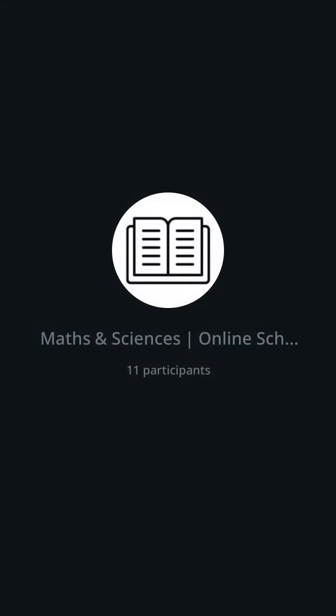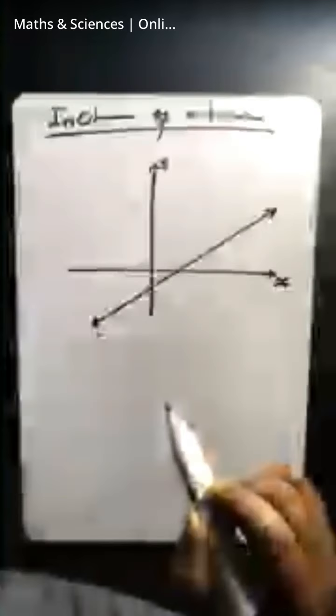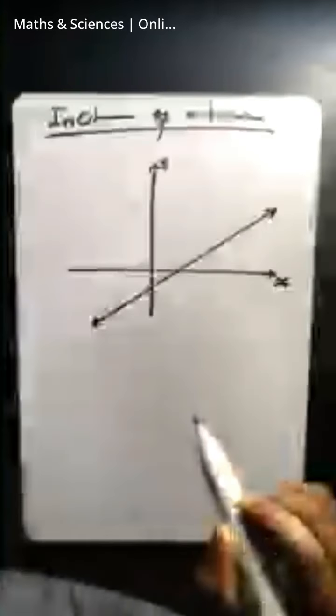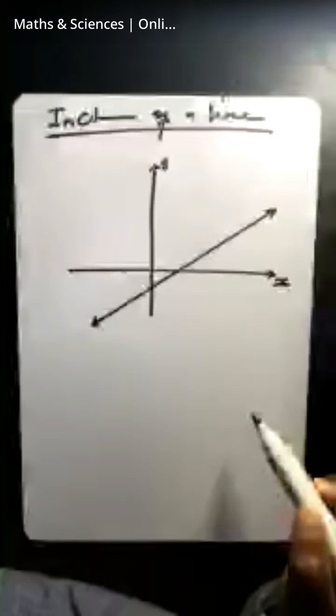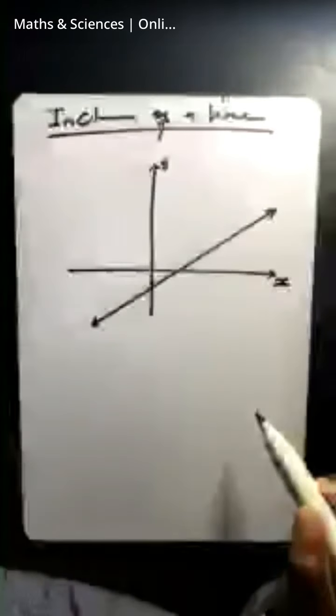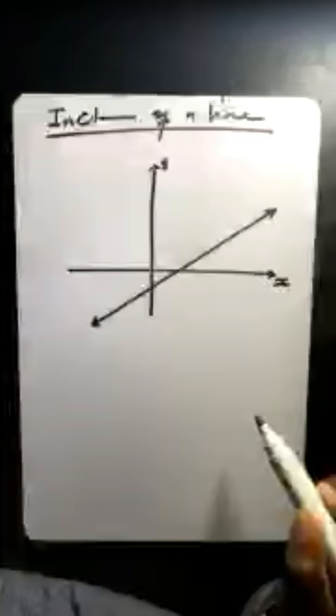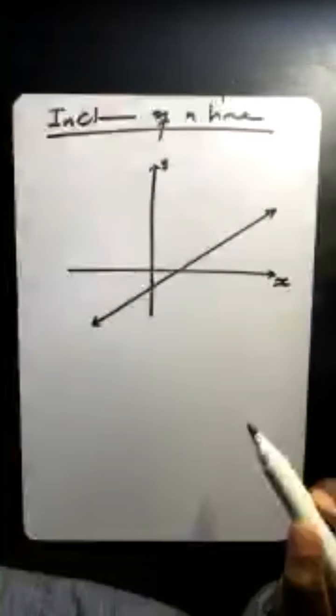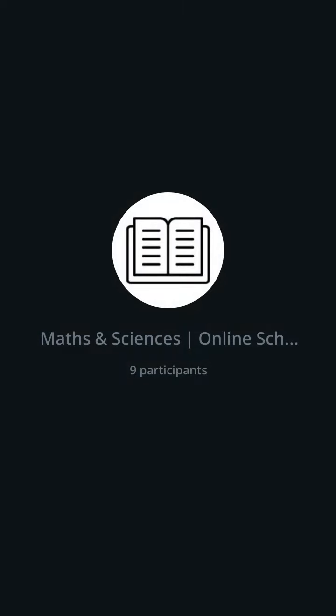So when we talk about the inclination of a line, listen very carefully: the angle formed with the horizontal in an anticlockwise direction. For the last time, honorable members, listen very carefully.